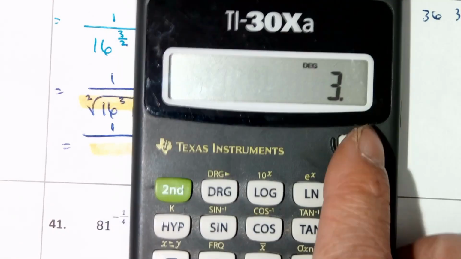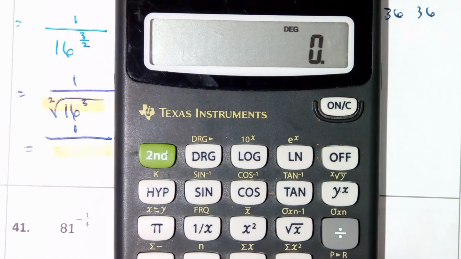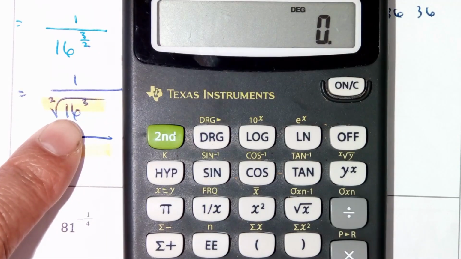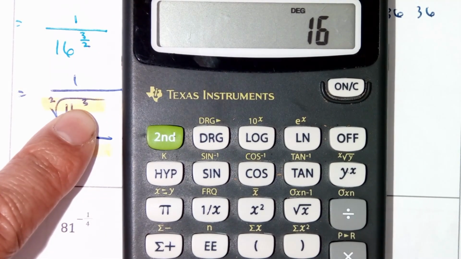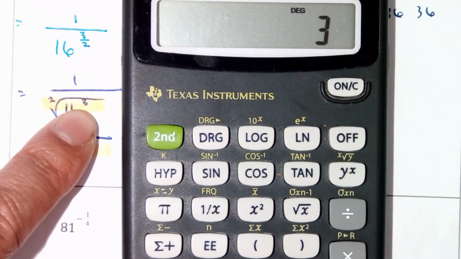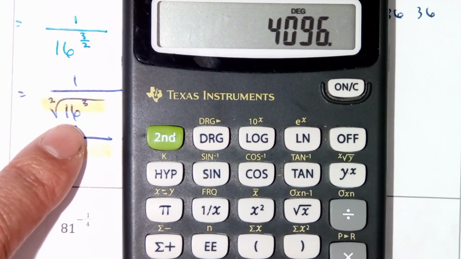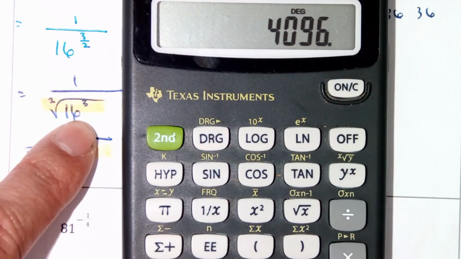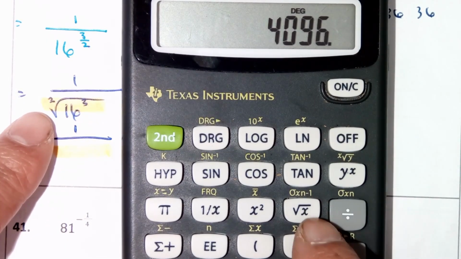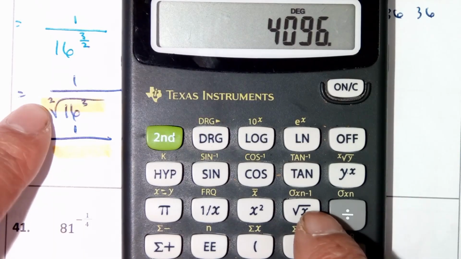So let's pull out a calculator to help us. 16 to the third power. The third power in this calculator is the top right here, Y to the X power. Then press 3 and then equals. So you get 4096. Now, basically, we want to find an index or square root. So that's the easy answer right there.